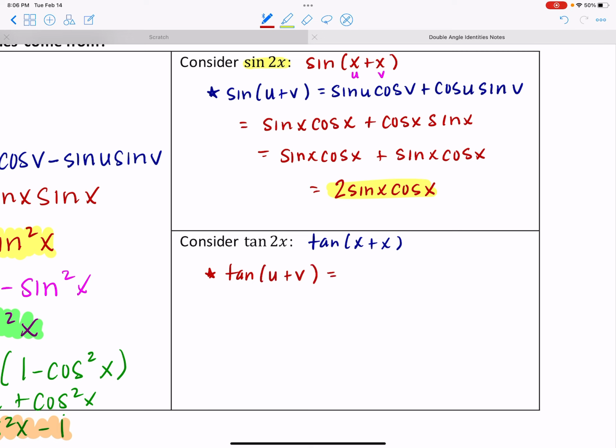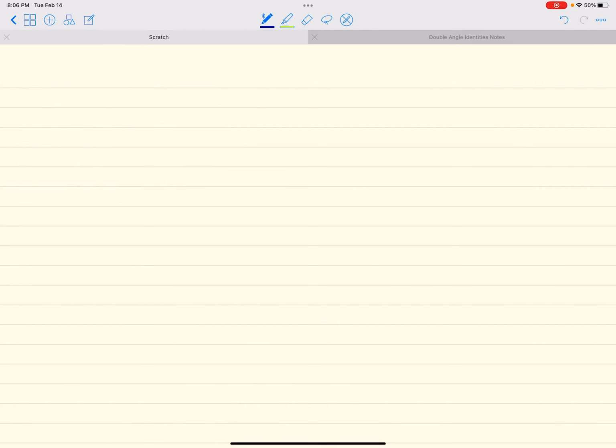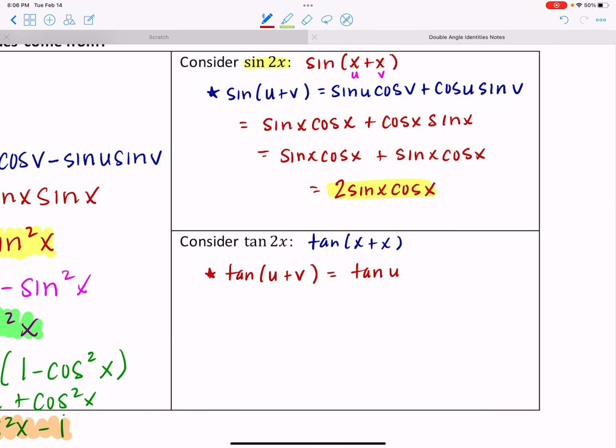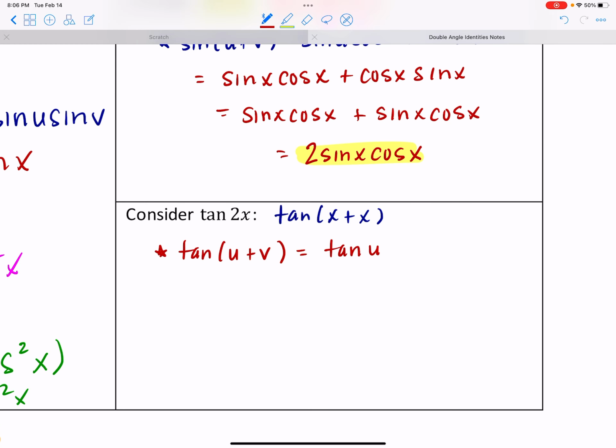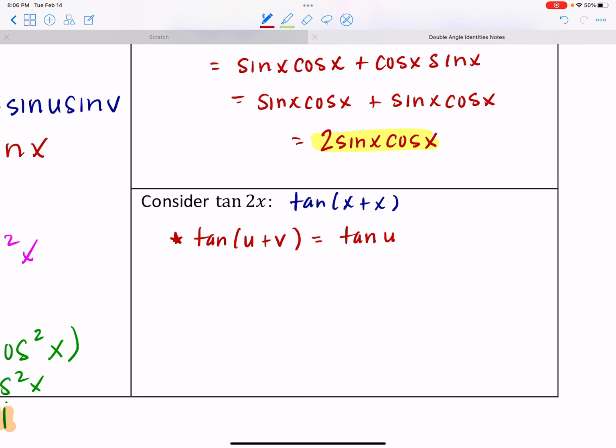Then that's going to be the tangent of u, and now I can't remember. Okay, so tangent of u, let me look here. This is going to be a plus in here. Tangent of v. I'm trying to remember this formula.